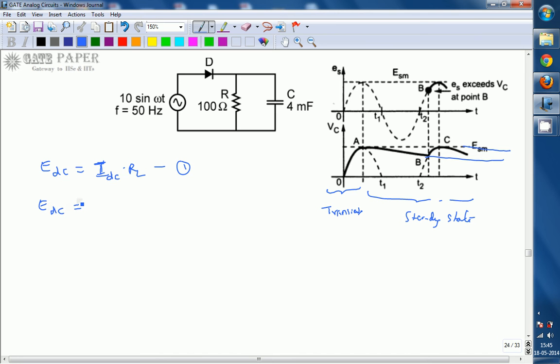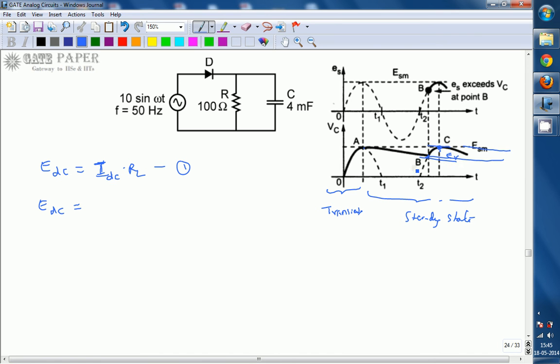EDC is the average DC voltage. Look at this one. This is the peak value, and from this peak value the voltage varies between these two levels only. Assume this is ER peak to peak.